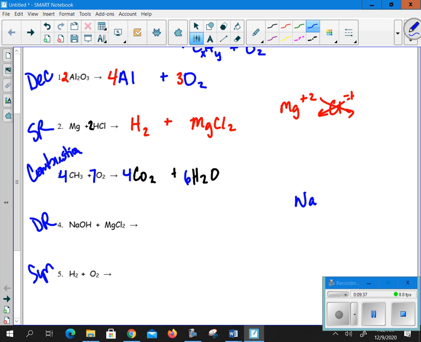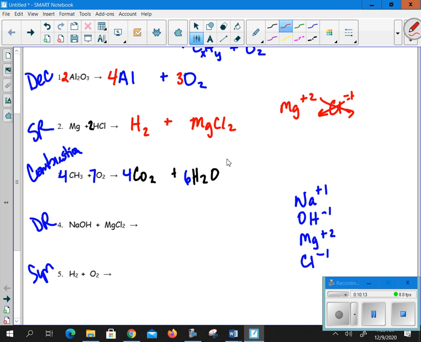So I have sodium, and I have hydroxide, OH, and I have magnesium, and I have chlorine. Now, sodium is a +1 charge because it's an alkali metal. And then hydroxide's a polyatomic ion, so we can look it up on the back of our periodic table, and it's a -1. Now magnesium is an alkaline earth metal, and it is a +2. And chlorine is a halogen, so it is a -1.